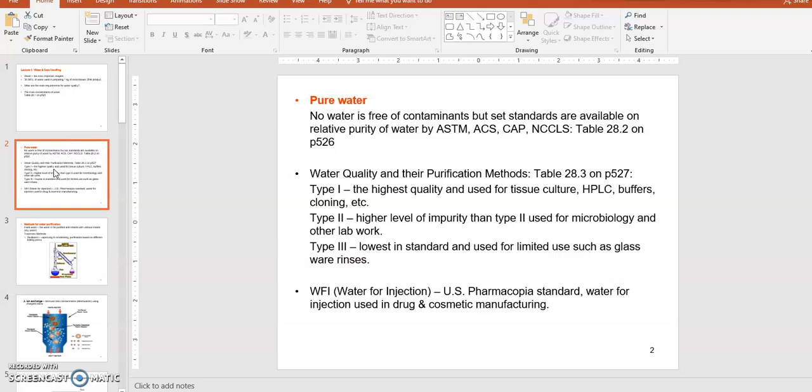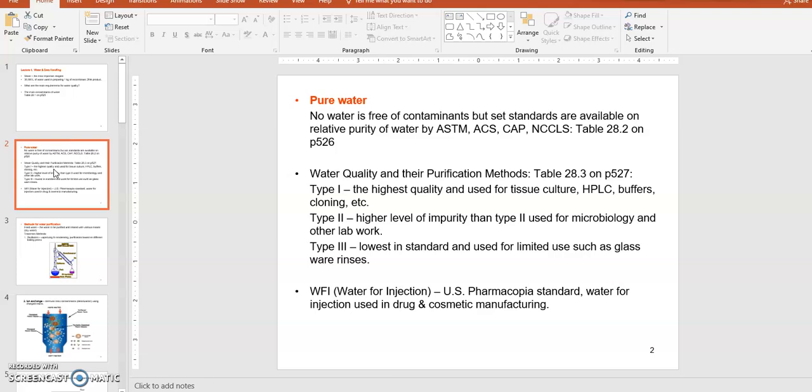So one of those standard systems lists water as different types, type 1, 2, and 3. So type 1 is the highest quality water. It'll be used for cell culture, tissue culture, HPLC, and buffer prep and things like that. So that'll be probably WFI equivalent water that you can use in the biotech industry. And type 2 water is less pure compared to type 1.